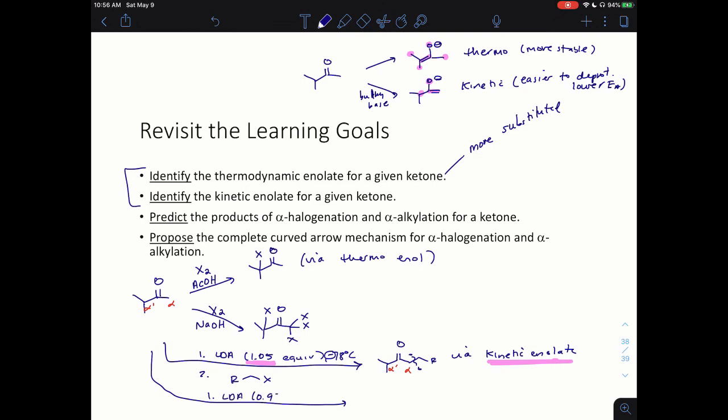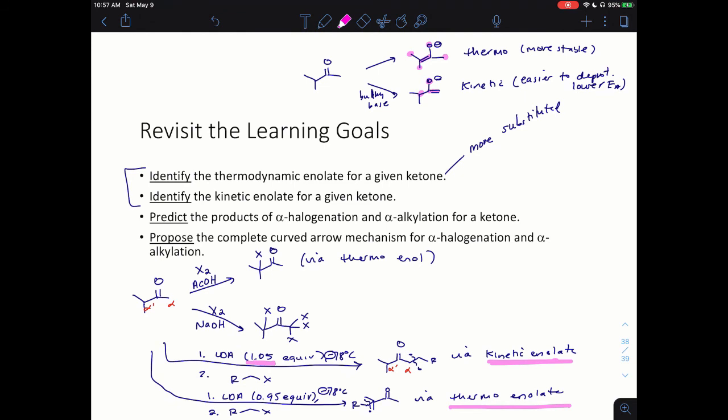What this does is it allows you to use your alkyl halide in a separate step, but because you've used less than an equivalent, it does equilibrate to the thermodynamic enolate. So you'll get substitution at the more sterically hindered carbon. And so this time that's the carbon-carbon bond that was made. And that's great because we can make two different isomeric products in a pretty similar fashion.